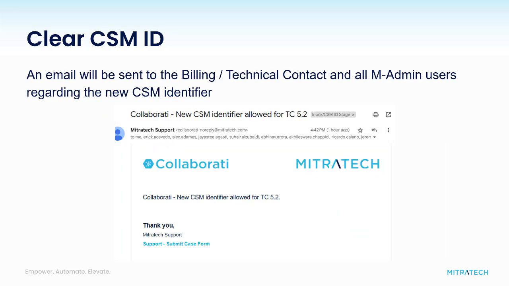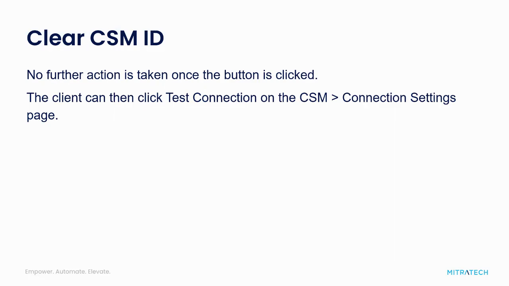An email will be sent to the billing technical contact and all MeterTech admin users regarding the new CSM identifier. No further action is taken once the button is clicked. The client can then click Test Connection on the CSM Connection Settings page.